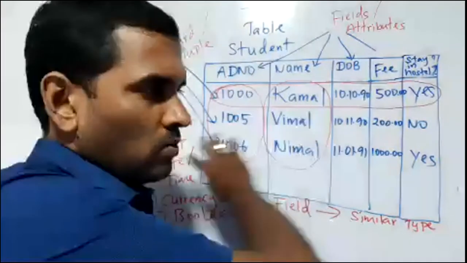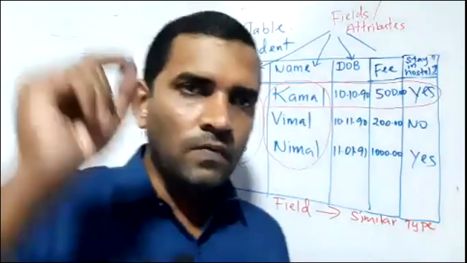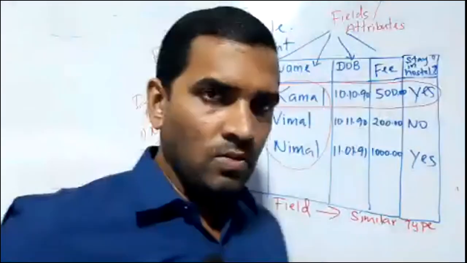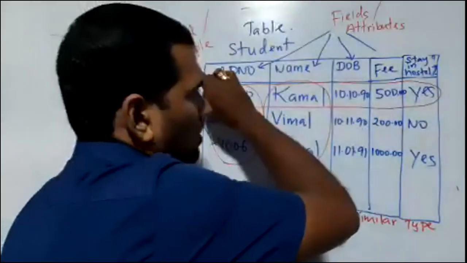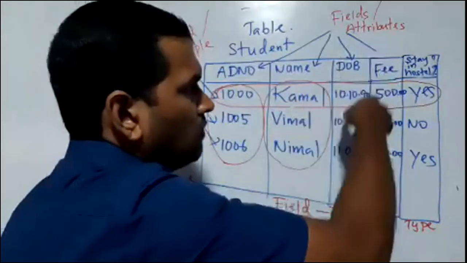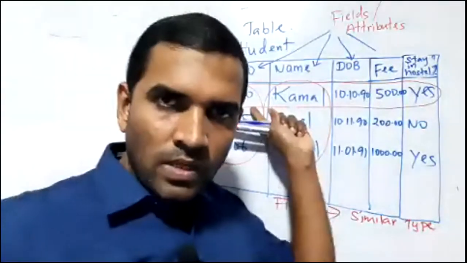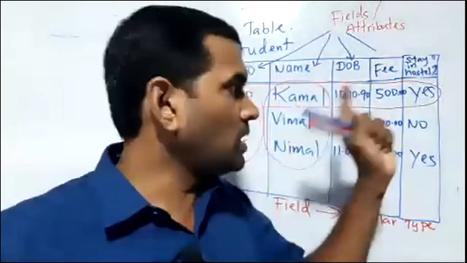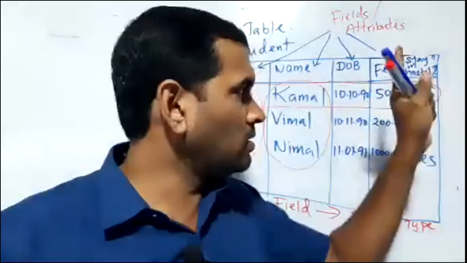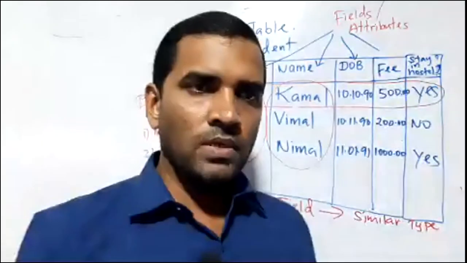Earlier we checked every field and found that a field has similar type of data. But now I'm checking the row, which means the record. The first record has data as 1000, Kamal, 10, 10, 90, 500, yes. You can see the first one in number format, the second in text format, the third in date or time format, the fourth in currency format, and finally the last one in Boolean format.